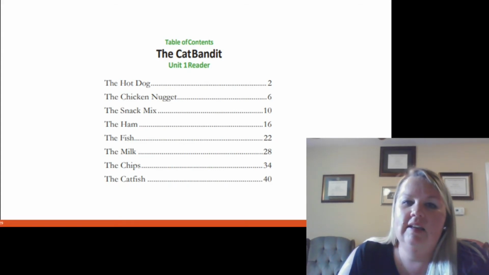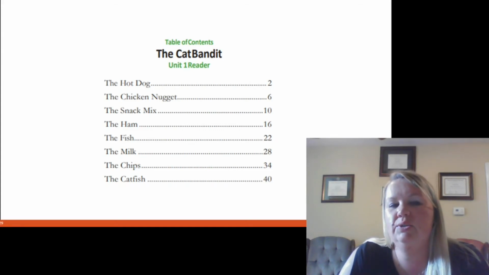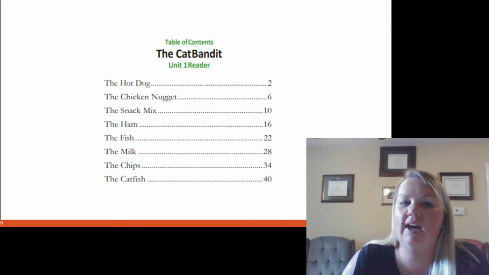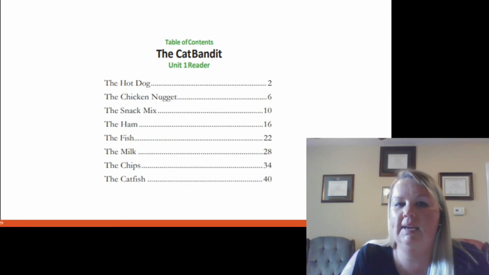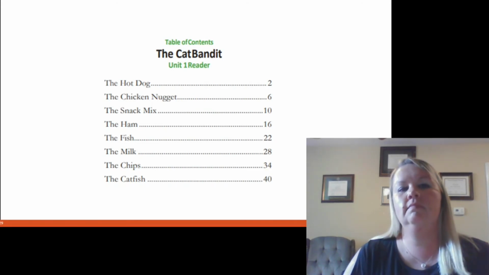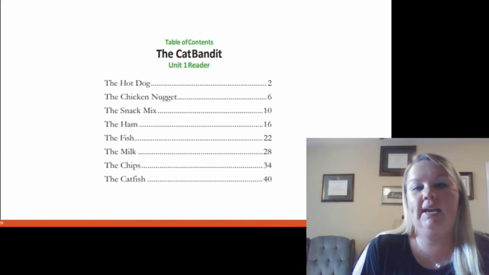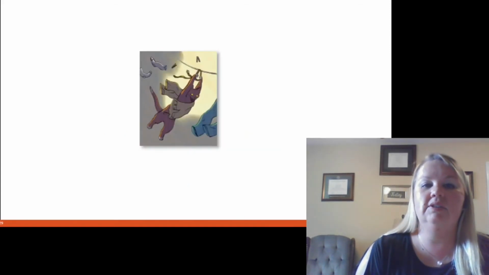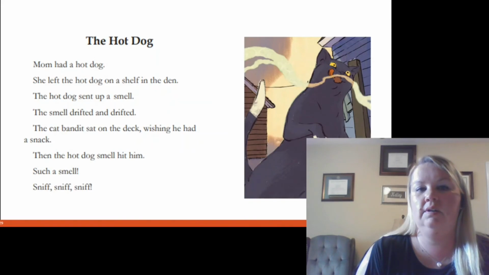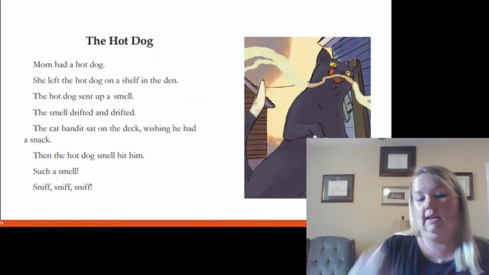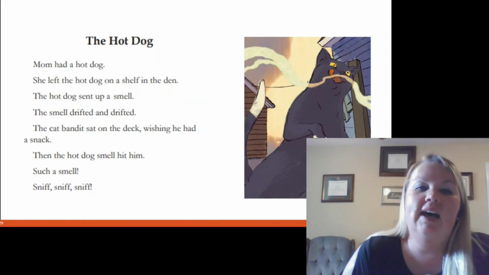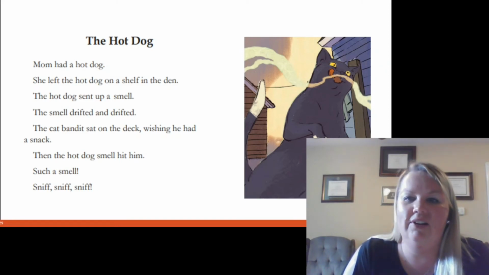We're looking for the story The Hot Dog. What page would I find the story The Hot Dog beginning on? Yes, I would find it on page 2. So I'd like all of you to go to page 2. And I hope that you find a story called The Hot Dog.